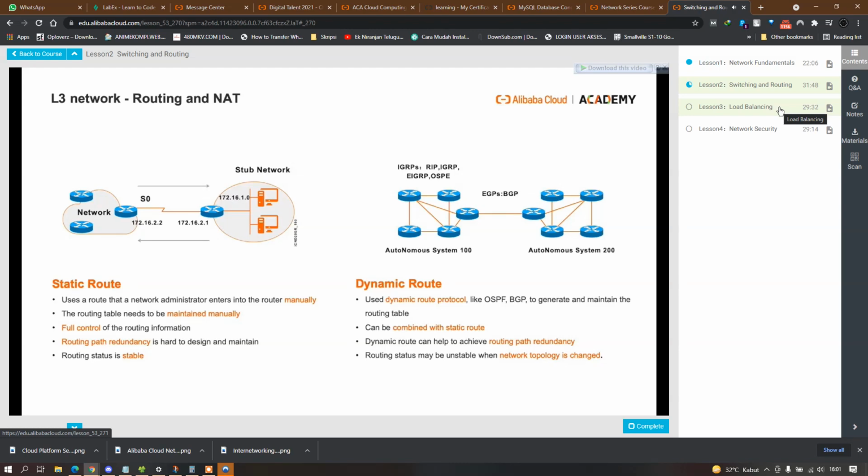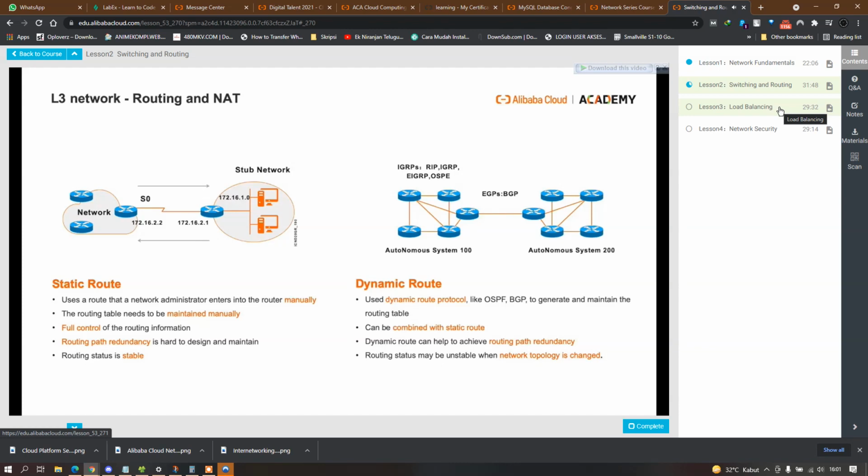The dynamic routing protocol will dynamically change the routing information to make sure the route is always established, which means that as long as you have redundant physical connections, the dynamic routing protocol can always make sure that the route information is redundant.